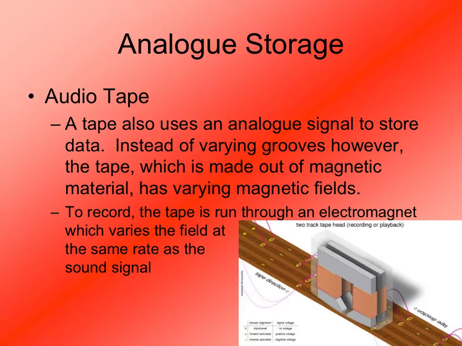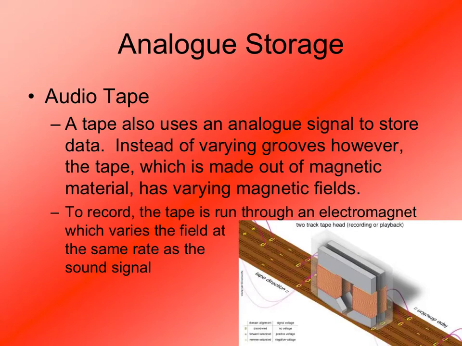The difference between an audio tape and a vinyl record, however, is that instead of varying grooves, we have magnetic fields. And so within the tape recorder, perhaps you've seen one, there's a small electromagnet, and that electromagnet can vary the strength and direction of the magnetic field on the magnetic tape that composes the audio tape.